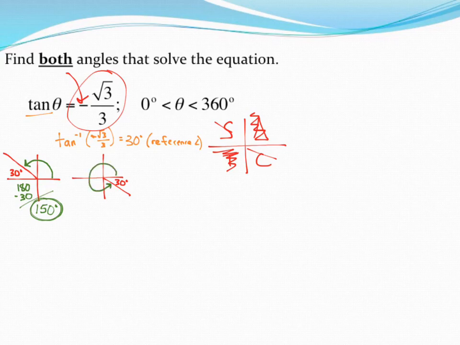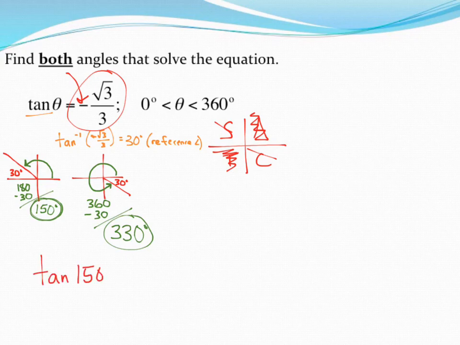Since I've almost gone 360 degrees, but haven't quite got that far, I'll subtract off the 30 I didn't get to, and I get a second answer of 330 degrees. Those are the two angles where the tangent comes out to be the negative square root of 3 over 3 ratio.